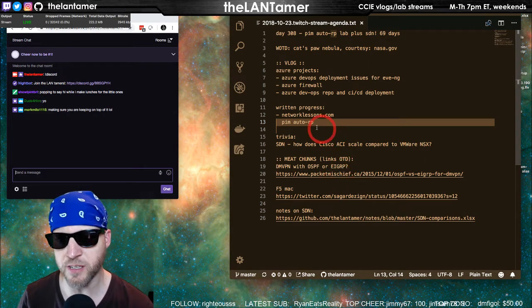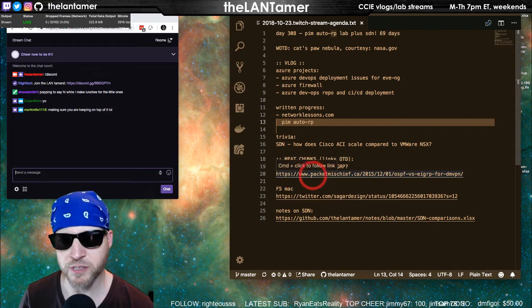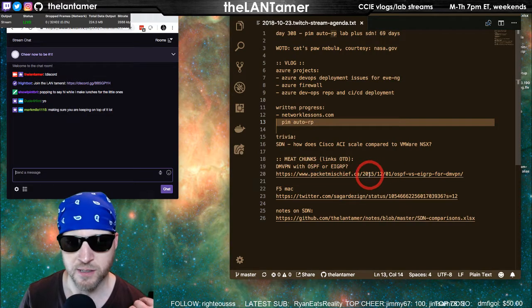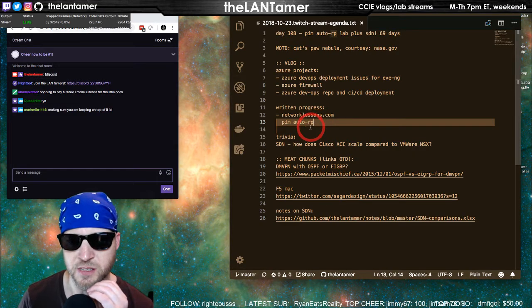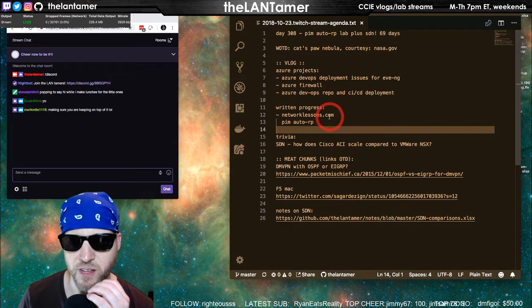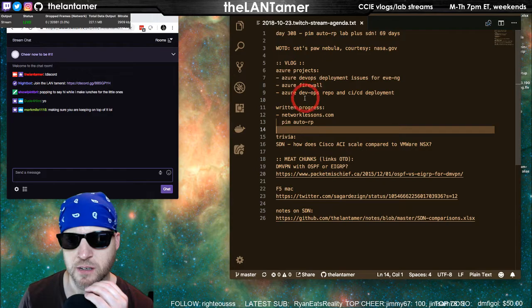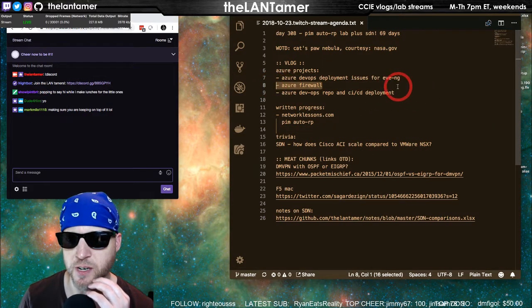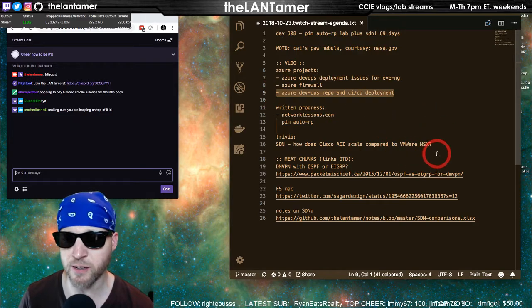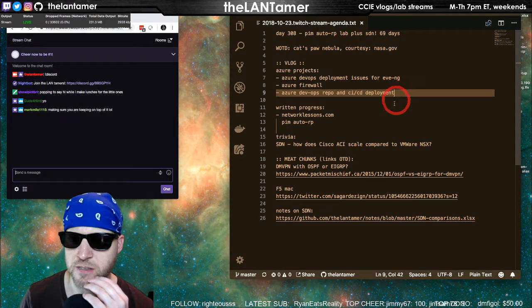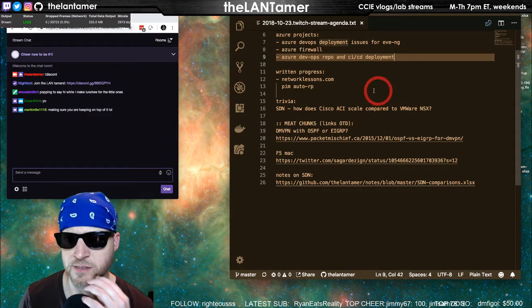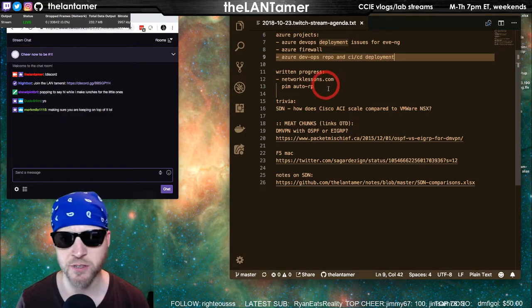If I screw something up, I just redeploy using Azure DevOps, and it puts my machine back. So that's the goal. Later we'll do an Azure Firewall deploy, and I'll walk through this whole thing. I've got to get it working first. But then I'll do a DevOps repo and a CI/CD deployment of the EVNG VM server.